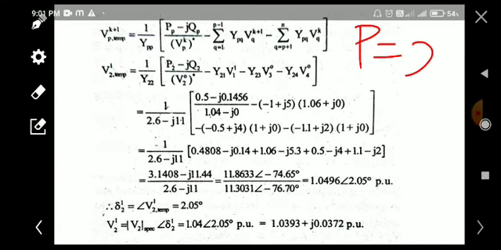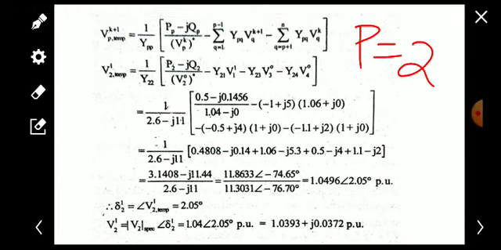Here we are calculating the voltage for the second bus, so the value of P is equal to 2 here. So Q equal to 1 to P minus 1, we have to use this term, and for Q equal to P plus 1 to N, we have to use this term.